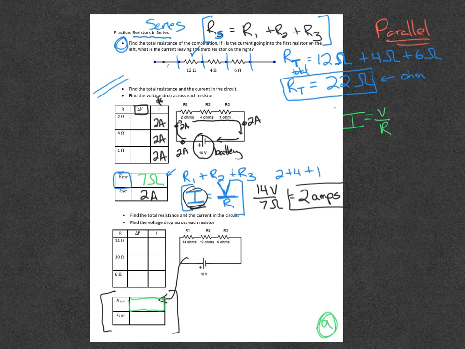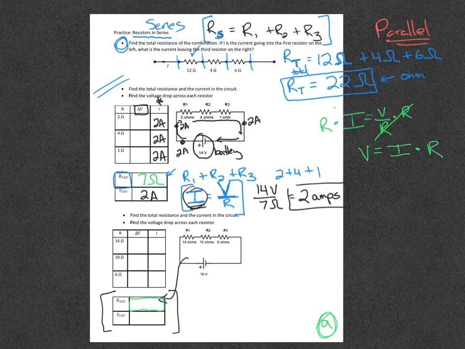Ohm's law works not just for the whole circuit, but for each individual resistor. We know the current and we know the resistance, so how would you get V alone? Some of us remember that to get V alone, we move the R to the other side by multiplying by R, and we've got a new formula, V equals I times R.